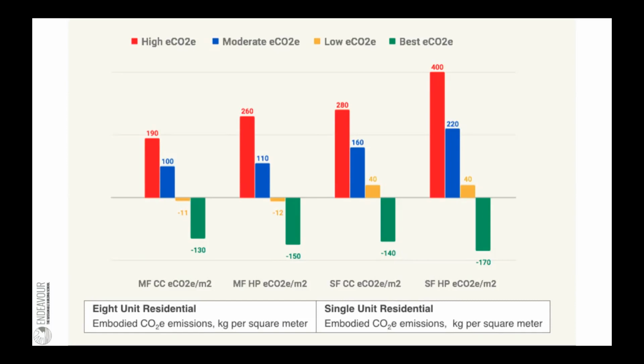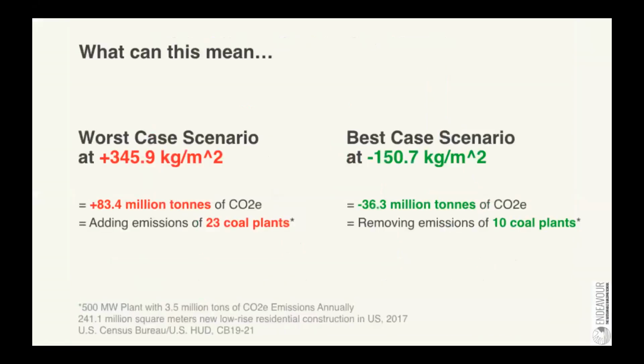building industry's emissions. And just to give you a sense of how this might scale out, if all low-rise residential buildings in the US were built to that worst case scenario, and if you looked at the materials for that worst case scenario, you'll see that that's not a sort of made up scenario.